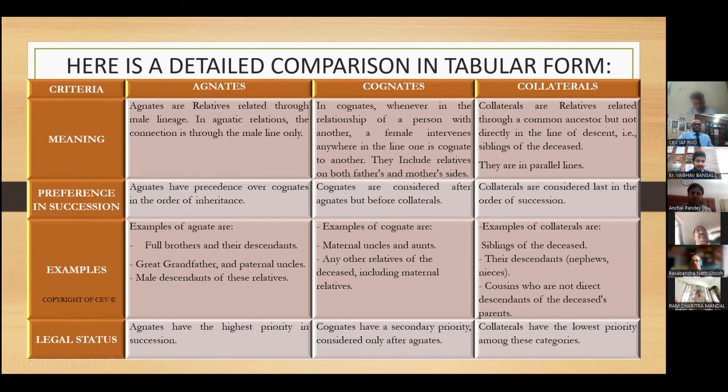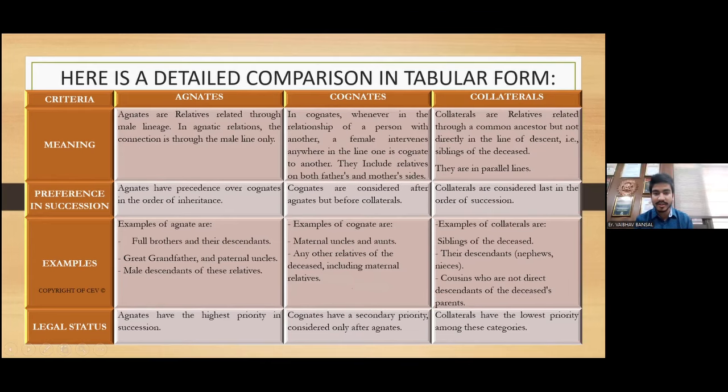Now, preference in succession: agnates have precedence over cognates in the order of succession, the order of inheritance. Cognates are considered after agnates, but before collaterals. And collaterals are considered last in the order of succession.